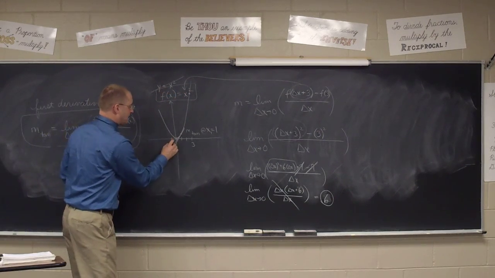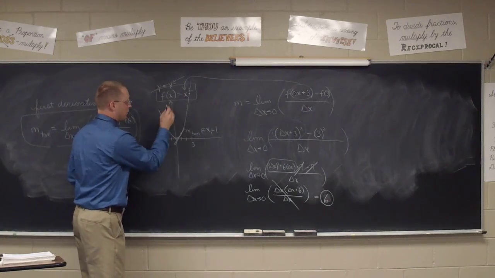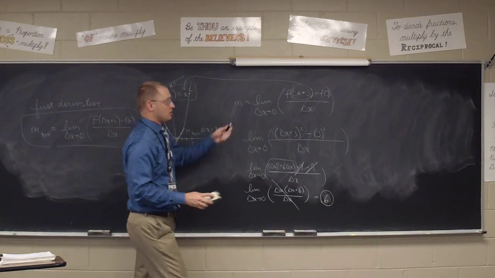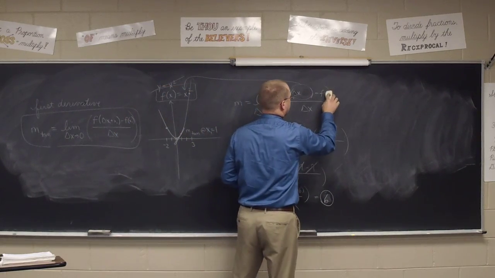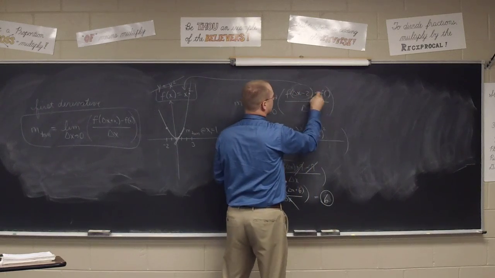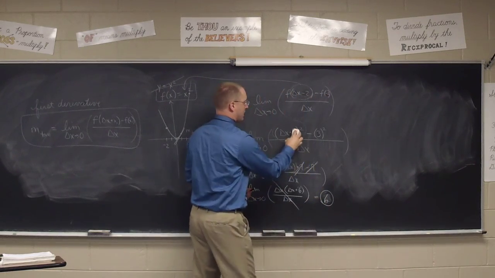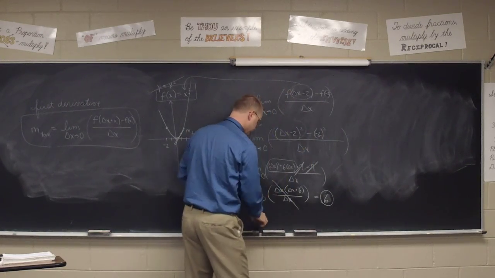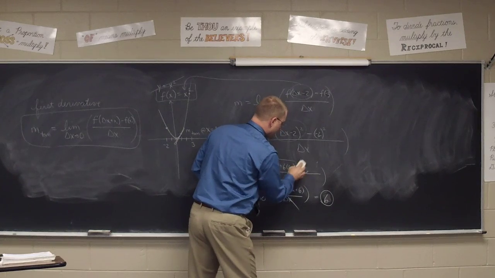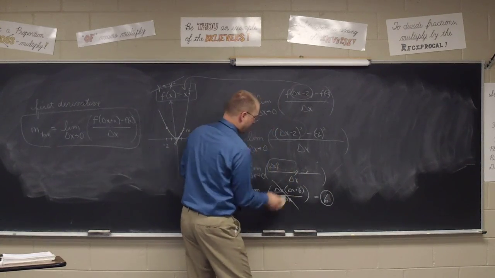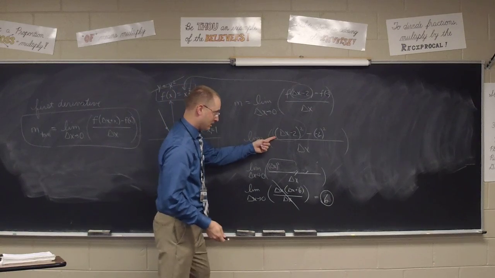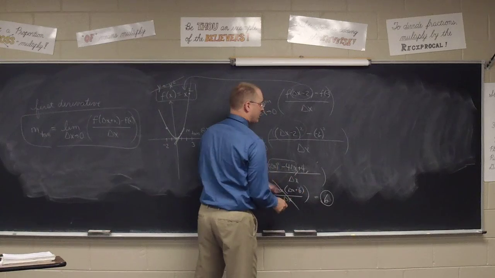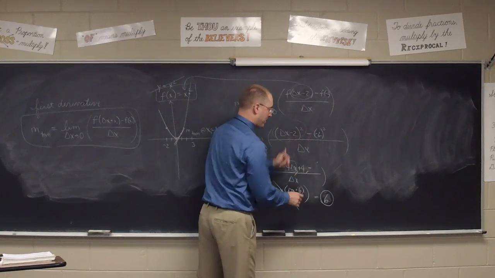If I wanted to come back here at, say, negative 2, what's the slope of that? Well, in that case, my x1 becomes negative 2. And so when I make the binomial squared, I end up with, and then here I get minus a positive 4.